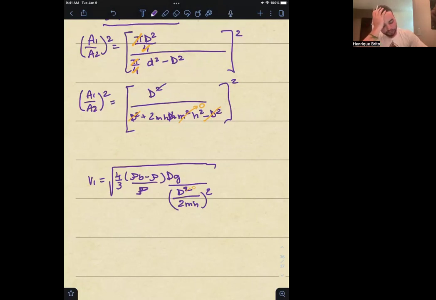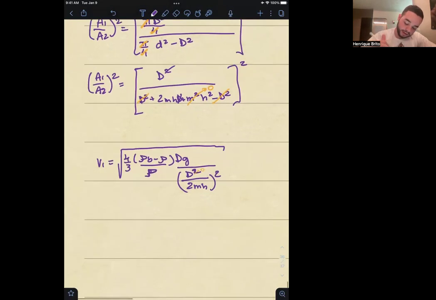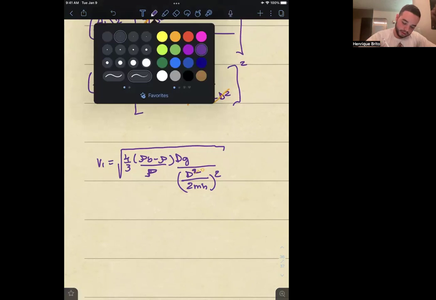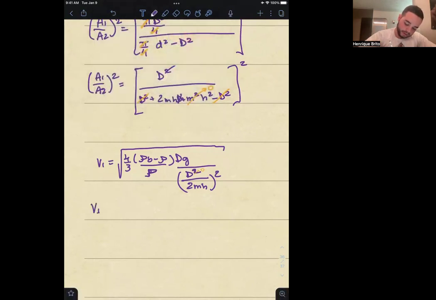If we are to relate this to the height, this is what it would look like. Height one, or I don't think we need to because we don't know what it's going to be.